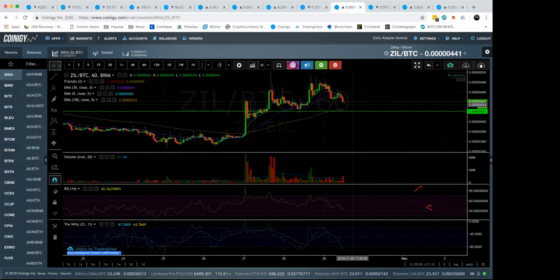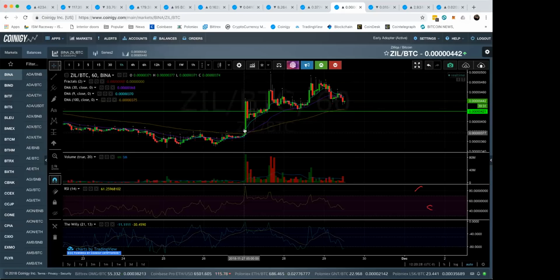Let's see if enough bulls come in and start playing this area the way they did here and here. If they can do that one more time, it'll definitely keep the price of ZIL a little more bullish and keep it from coming down.